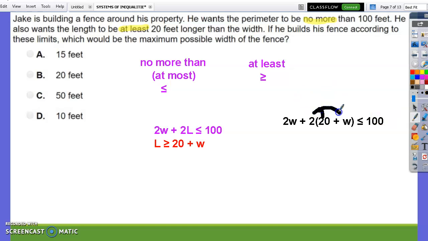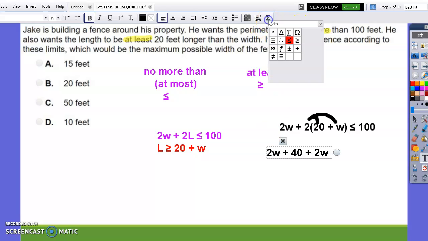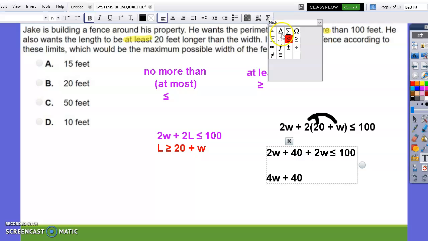I don't know why that came out like that. It's okay. Giving you 2W plus 40 plus 2W less than or equal to 100, which is, combined like terms, 2W plus 2W is 4W, plus 40 less than or equal to 100.